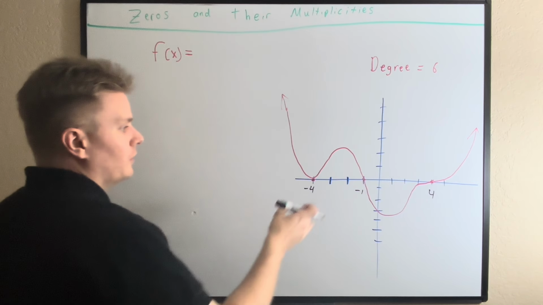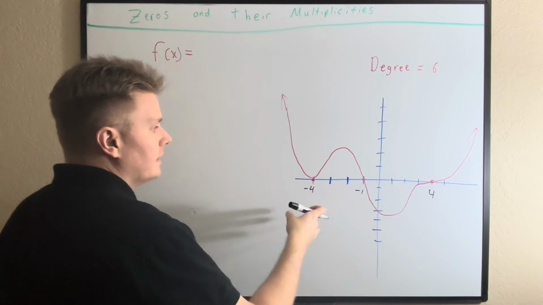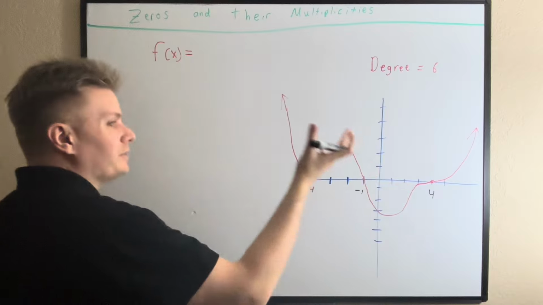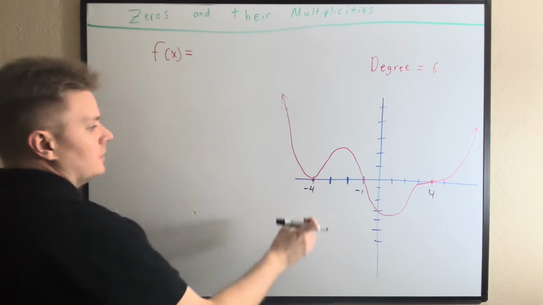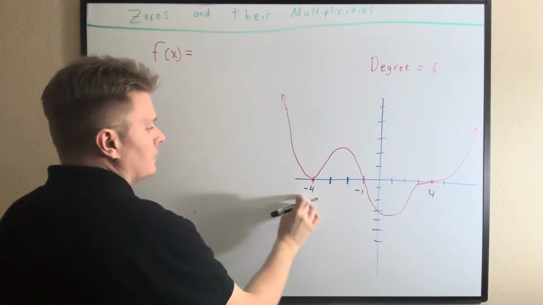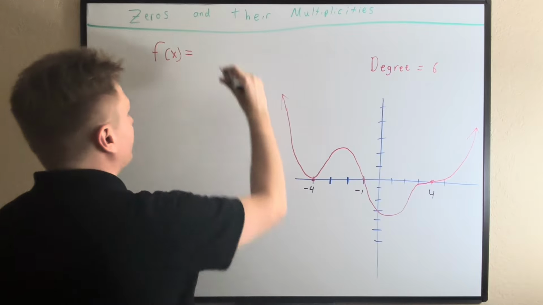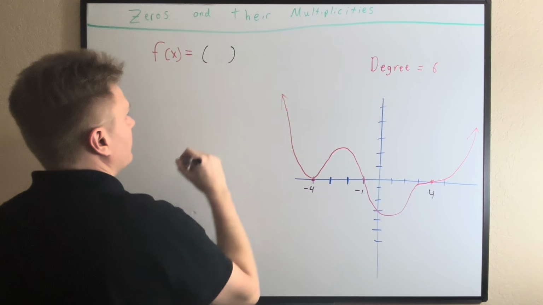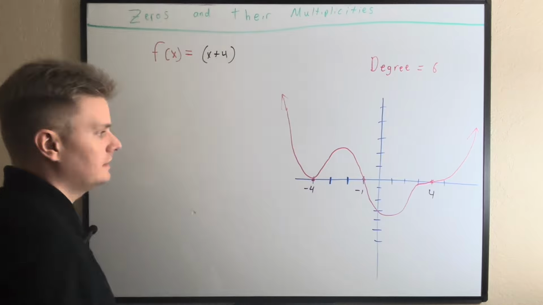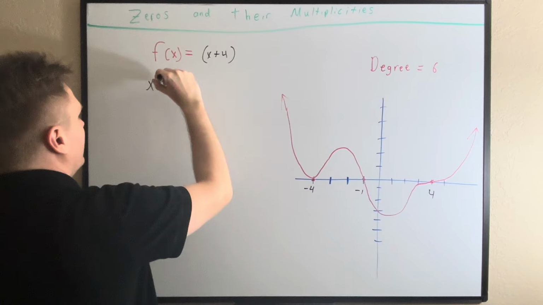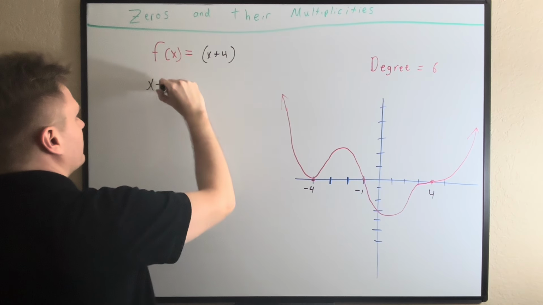So we just need to figure out which one has the multiplicity of 1, which one has a multiplicity of 2, which one has a multiplicity of 3. So how do we write the 0, negative 4? Write it x plus 4, right? Because it's x plus 4 equals 0.